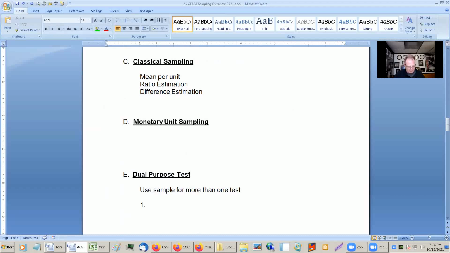For instance, test the controls. Maybe you need 100 items. Substantive testing. Oh, by the way, I should put this in. I'll type it in here.